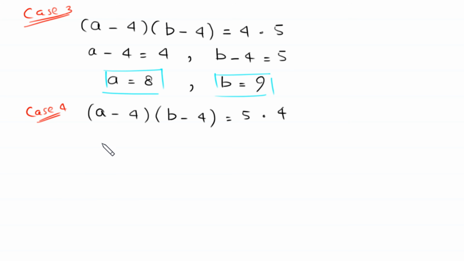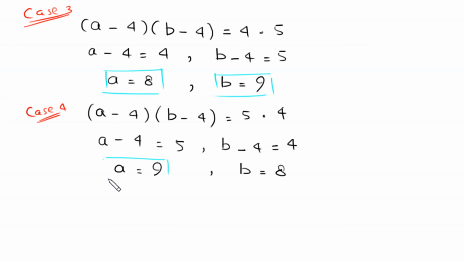So this a minus 4 will be equal to 5, and b minus 4 will be equal to 4. From this equation we get the value of a is equal to 9, and from this equation we get the value of b is equal to 8. So from this case we get a 9 and b 8.